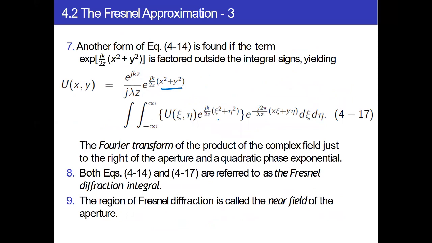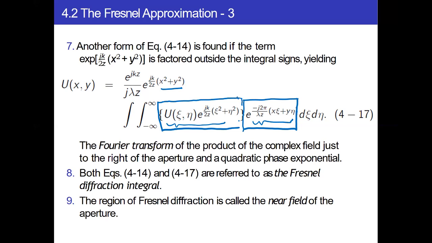We take out this term, and then we are changing form. Then we see that it is a kind of Fourier transform. This is the Fourier phase term, and then this is the function we want to have. So the second interpretation is that our diffraction theory can be regarded as the Fourier transformation of the product of the complex field just to the right of the aperture and the quadratic phase exponential. Okay, quadratic phase exponential.